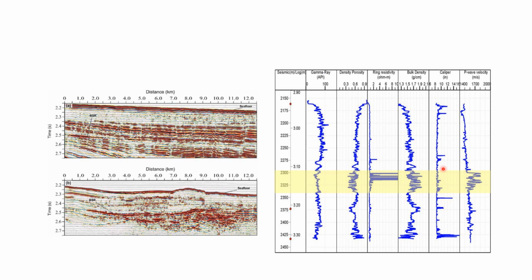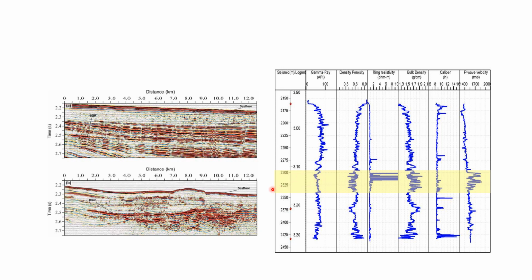Because the gas hydrate is only composed of gas and water, there is no radioactive substance, so the radioactivity should be low. Also the P velocity in the gas hydrate zone comes high. We get the seismic P velocity high in the zone of gas hydrate.